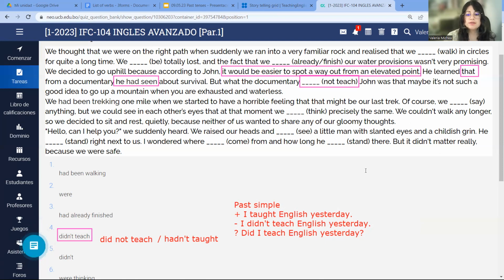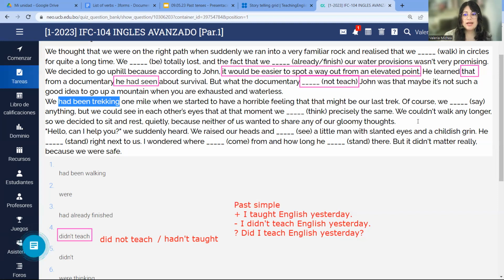Because we are talking about an action that happened before an action in the past, and also we are focusing on the duration, right? So I want you to notice that the trekking is long. So we had been trekking for 1 mile when we started to have a horrible feeling that that might be our last trek. Of course, we didn't say anything.